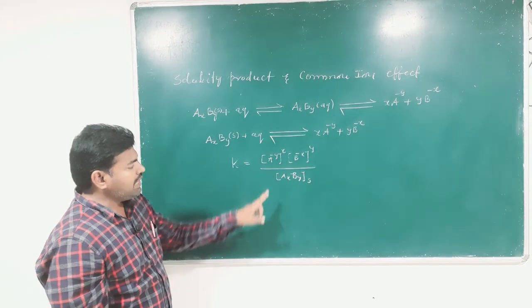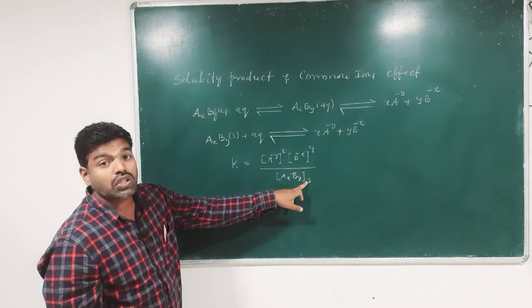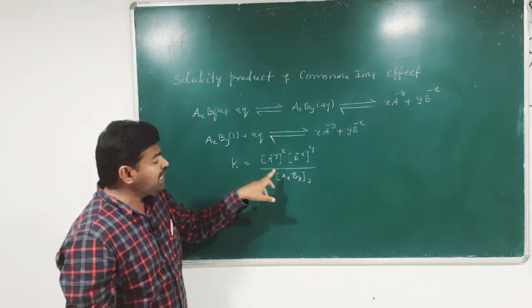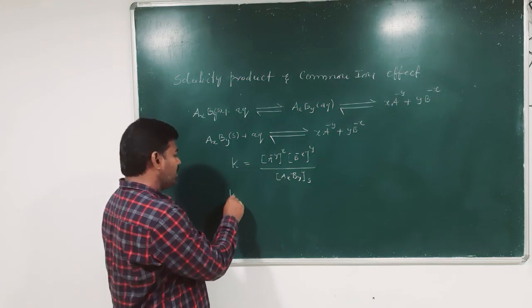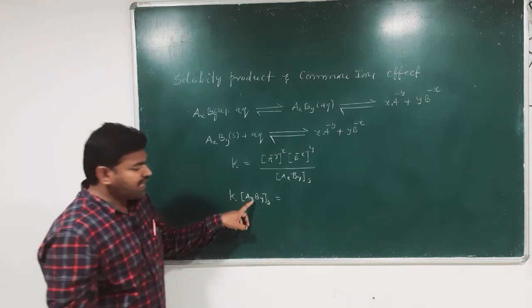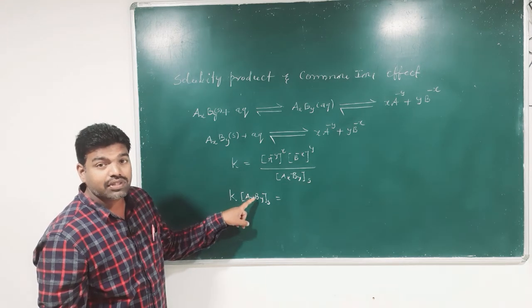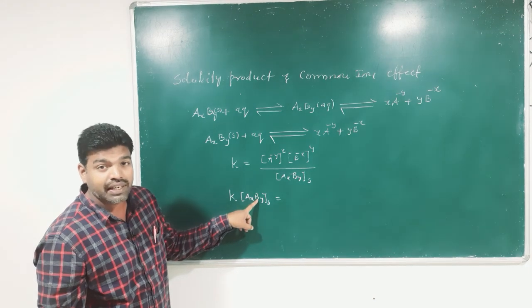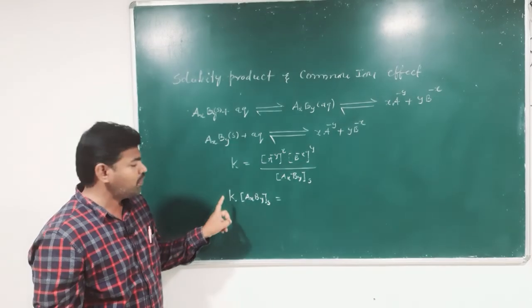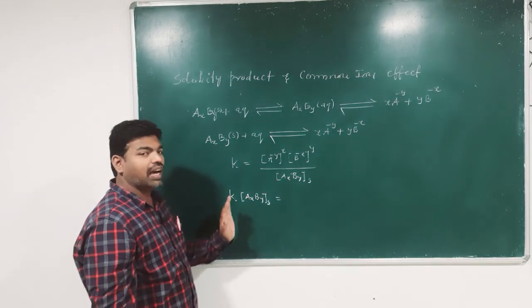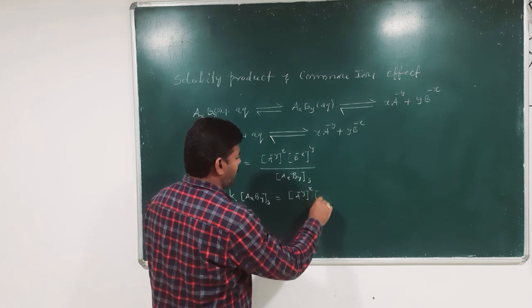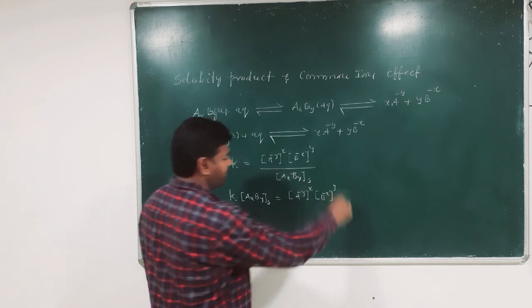Since AxBy is a solid whose concentration remains constant, and the equilibrium constant is also a constant, when we multiply these two constants, K into the concentration of AxBy solid, the product of two constants gives another constant: [A^(y-)]^x and [B^(x-)]^y.